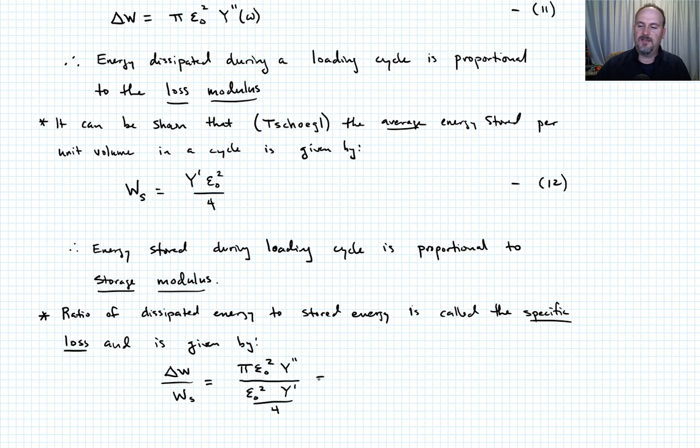Epsilon naught squareds cancel out, and I'm left with 4 pi times y double prime divided by y prime. You remember what this quantity was given as? By definition, that quantity is tan delta. So this is 4 pi tan delta. Let's call that equation 13.